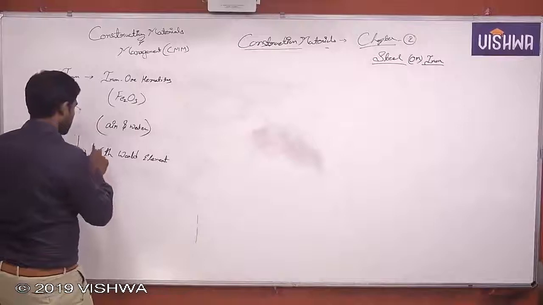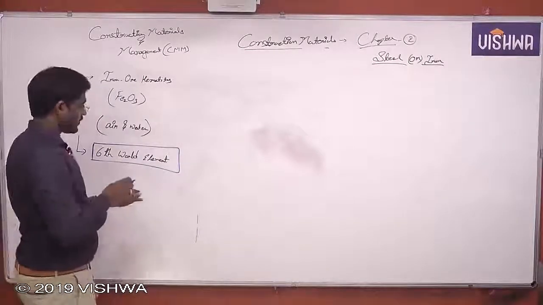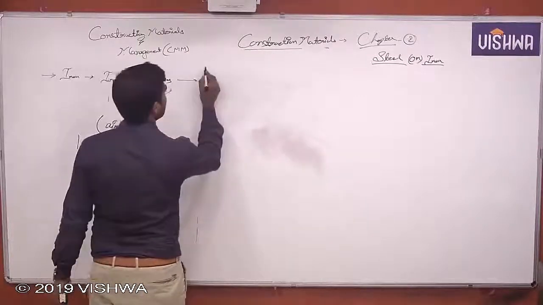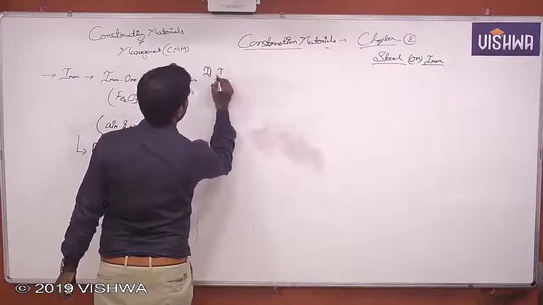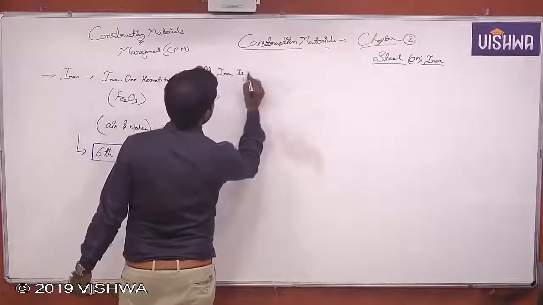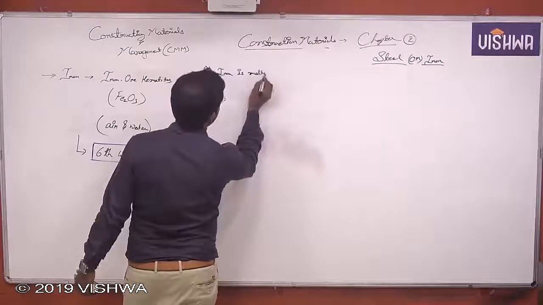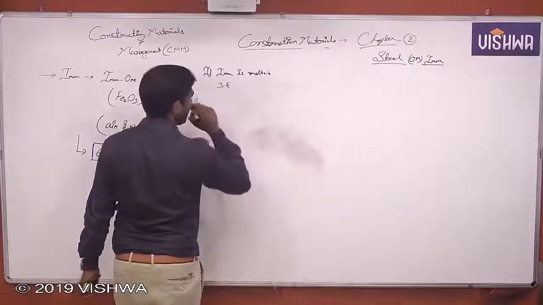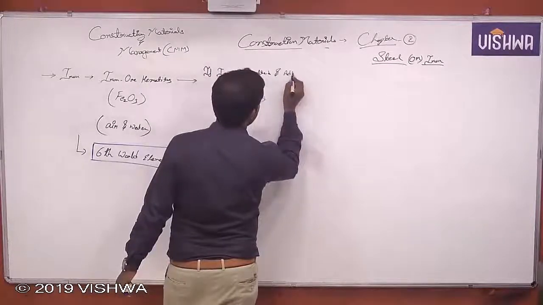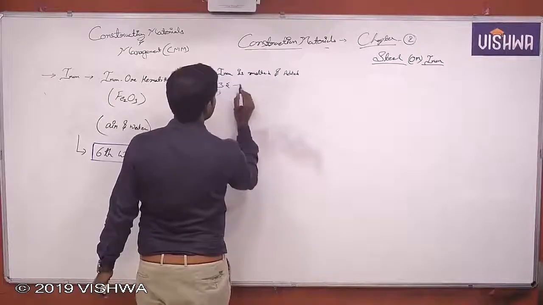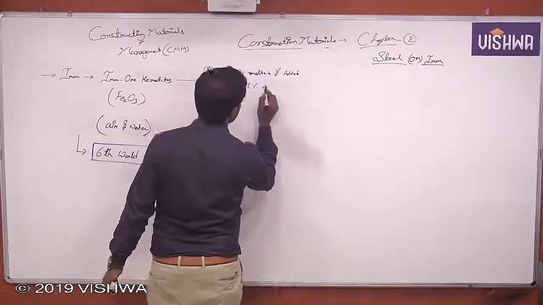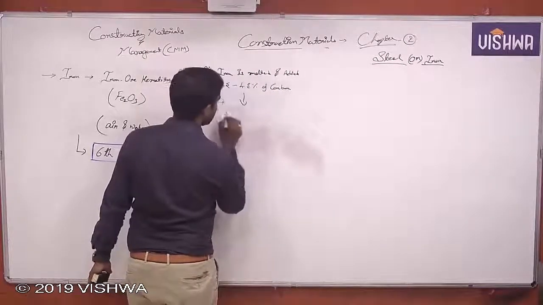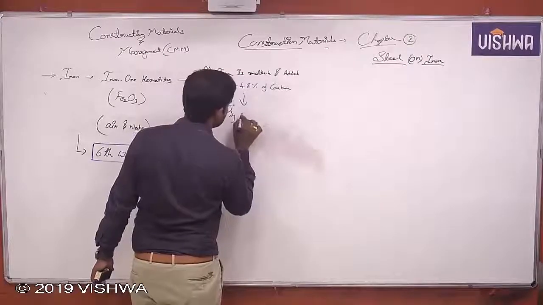Coming to the next formation: if iron is melted and 3.5 to 4.5 percent of carbon is added, then we obtain pig iron.